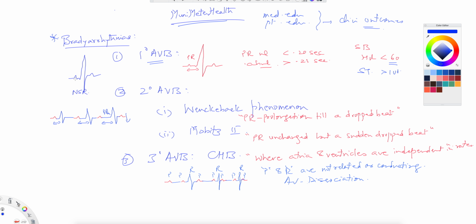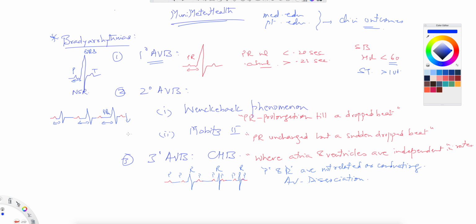Now, PR is the interval where the atria are depolarizing, up to the onset of the QRS, which is the ventricular depolarization right here, and that becomes your QRS, and this is your P wave. So this becomes your T wave. So the interval from the onset of the P wave to the onset of the QRS is your PR interval.